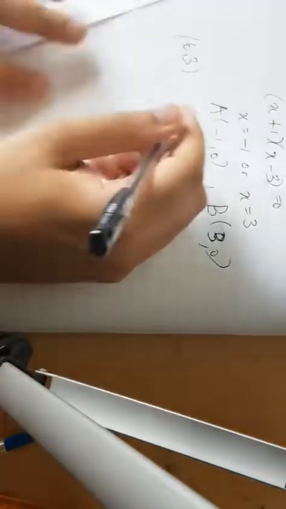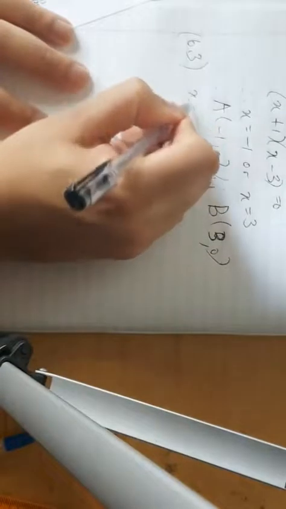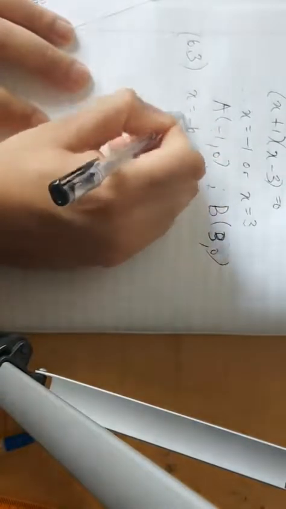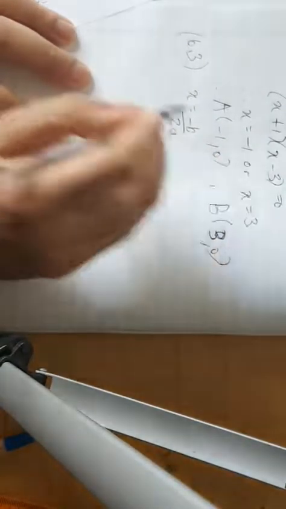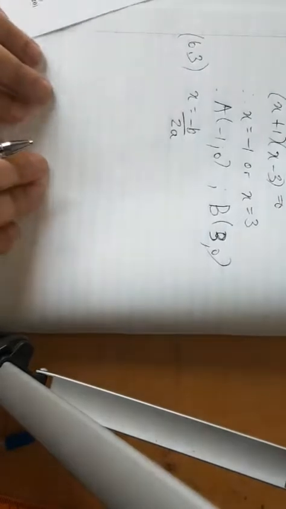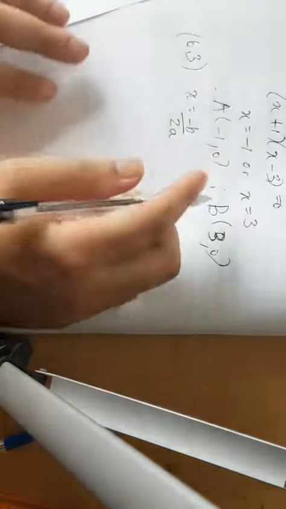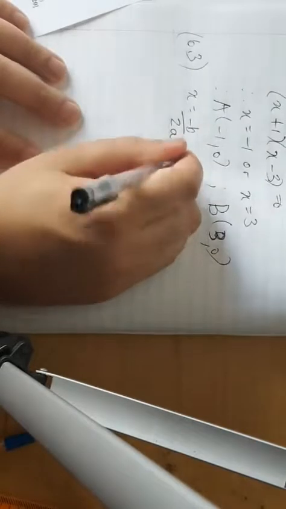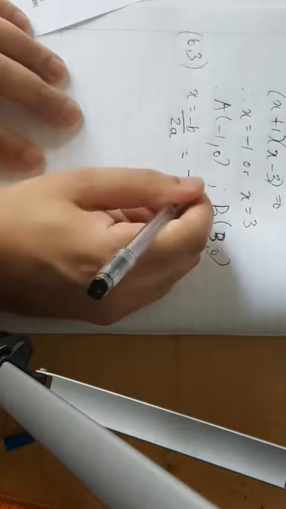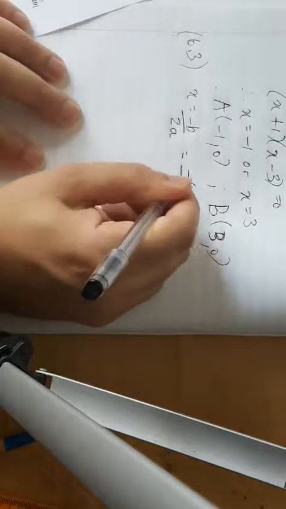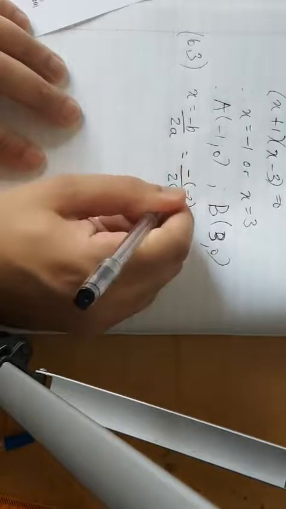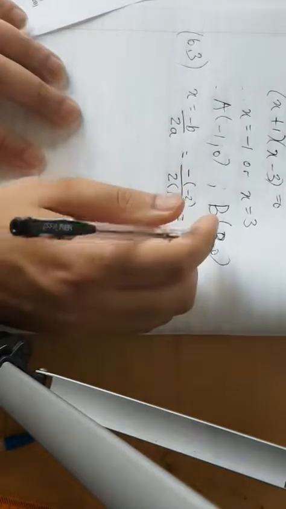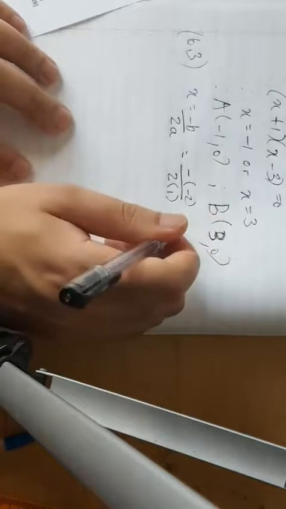The formula for the axis of symmetry is x equals minus b over 2a. My b is -2, so it's negative 2 over 2, and my a value is 1. That means my x value is equal to 1.